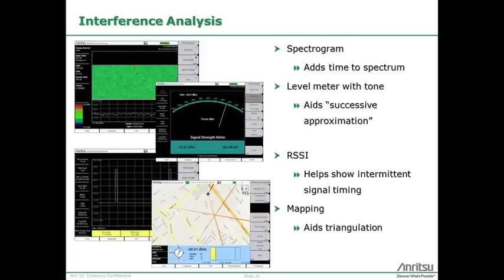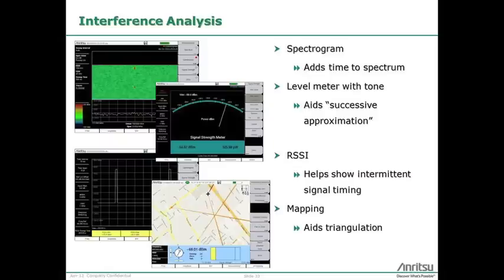With the signal strength meter, you can turn on a tone, so you can be aiming your directional antenna and listening for the highest signal level. It's very handy for successive approximation or direction finding. Received signal strength indication shows you intermittent signal timing and also signals that drift over time.